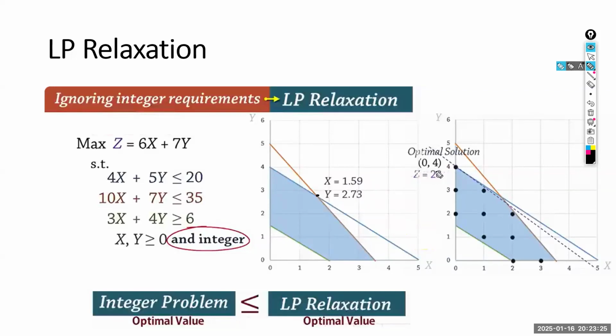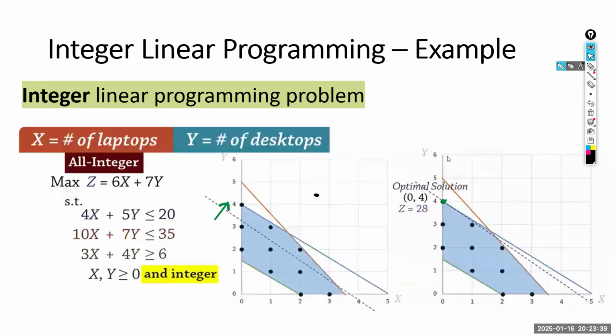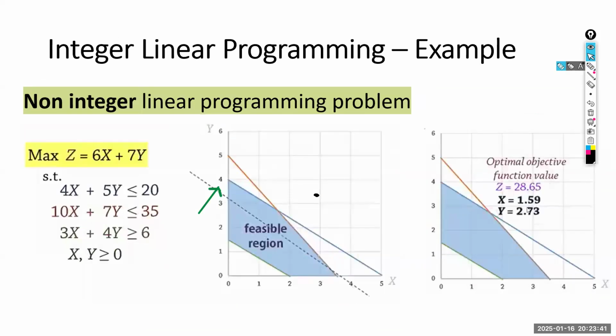It can't be bigger than that. So if you got a z value earlier, for this point, you get a z value. Say in our case, I think here we got a z value of 28.65. But once you, so this is your first step, right?